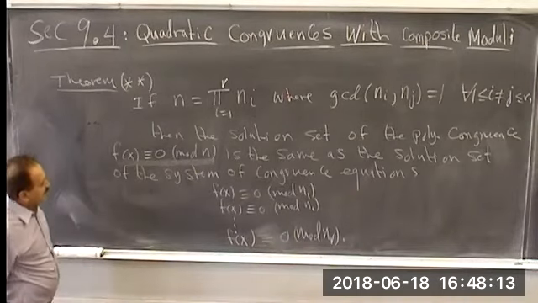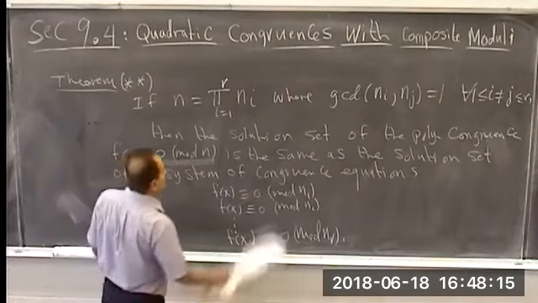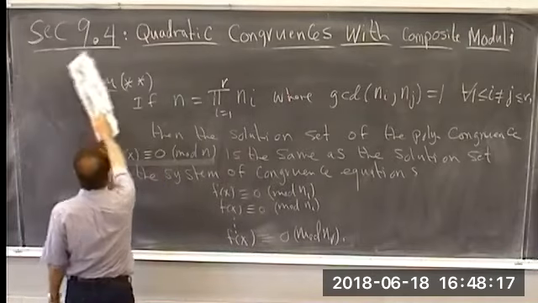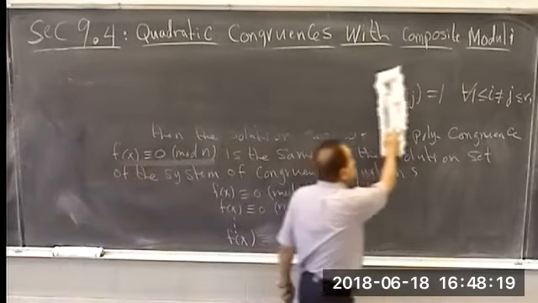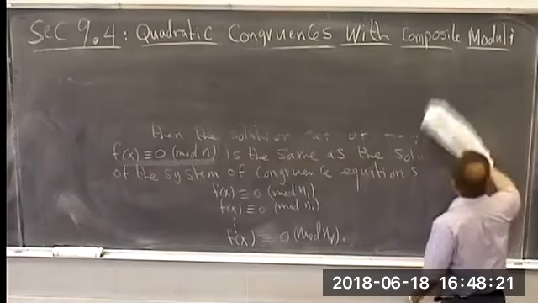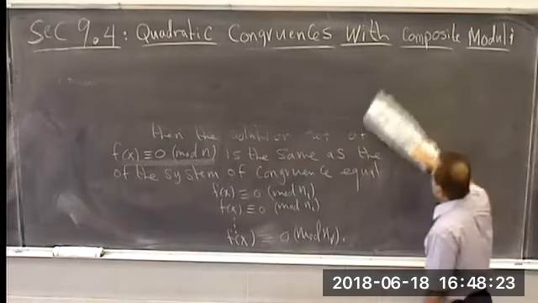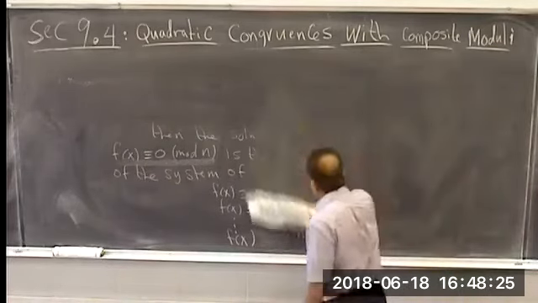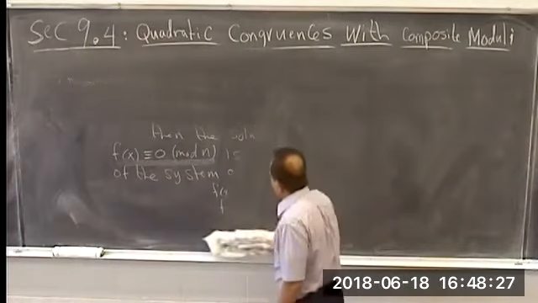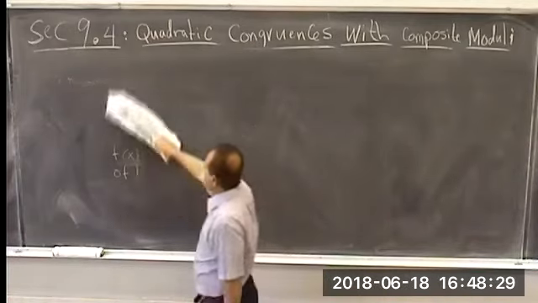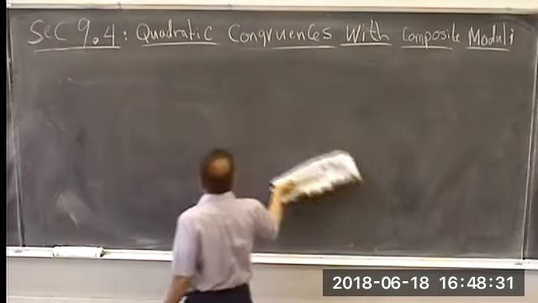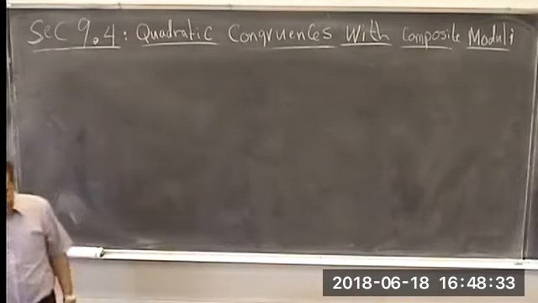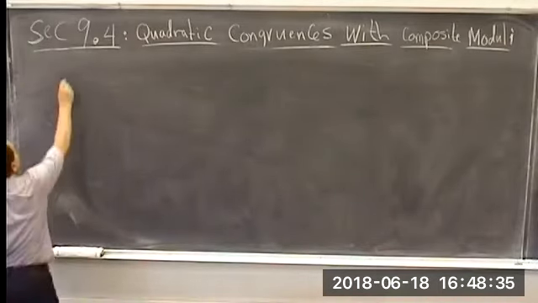All right, let's see how this actually works. Very simple proof. The solution set for the single congruence equation is the same as the solution set for the system. That's all this theorem is saying. All right, here's the proof.